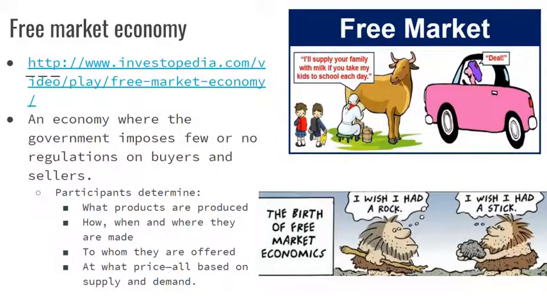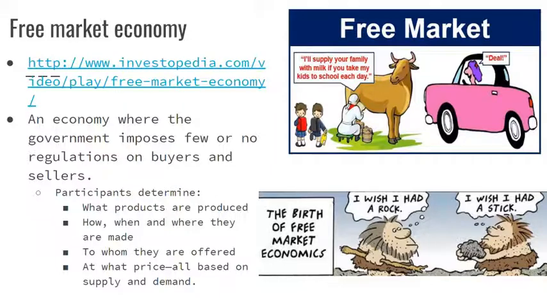All right, free market economy. This is just another recap of that. What you are allowed to produce, what you want to produce, how and when and where you want to make it, which in America you can, to whom you want to offer it, and at what prices. I will say that it's only through regulations that this is not true in the United States.